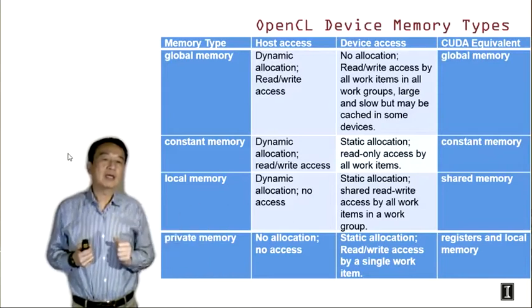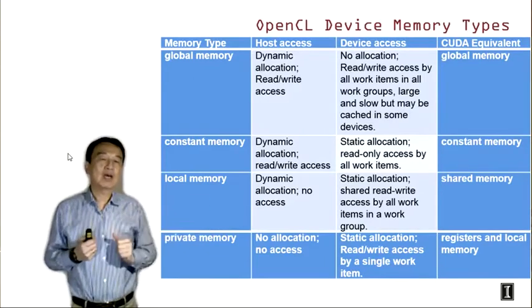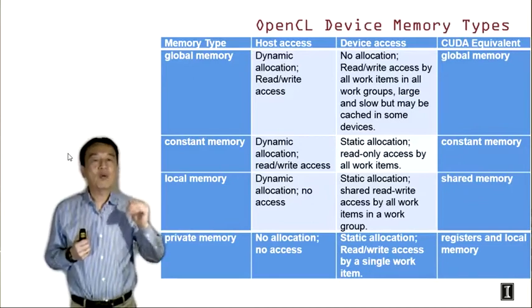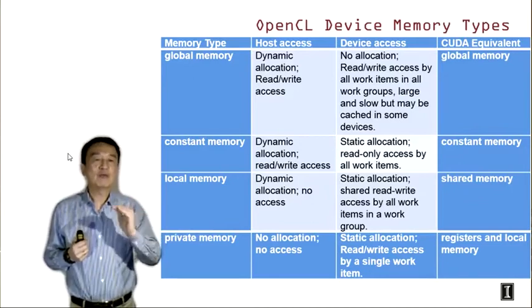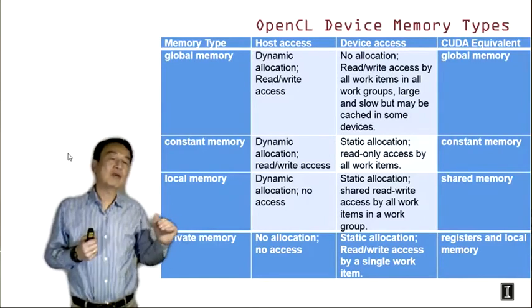And it's a shared read-write access by all the work items in the same work group. So whenever we have a variable declared in the local memory, there will be one version of that variable for each work group, just like there will be one version of a shared memory variable for each CUDA thread block.